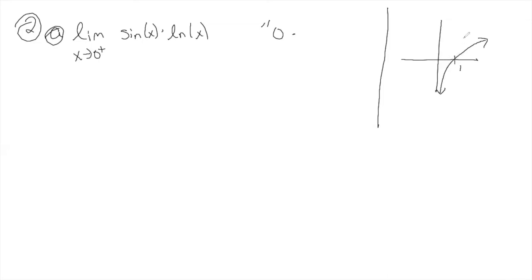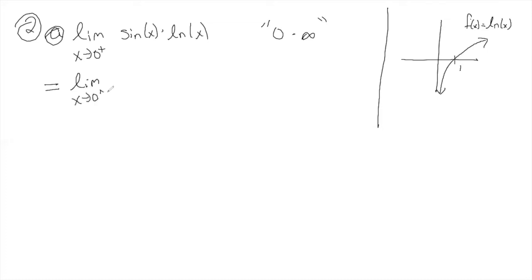And as I approach 0 from the right, and notice we were careful to have the plus sign here, I approach this vertical asymptote, meaning that this thing dives down to negative infinity. So this is of the form 0 times infinity. The negative isn't important here. So this is something I can apply L'Hopital to, but not quite yet. I have to massage it a little. I have to turn it into the right form.